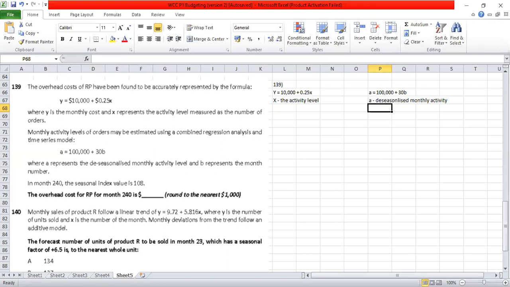So in month 240, the seasonal index value is 108.